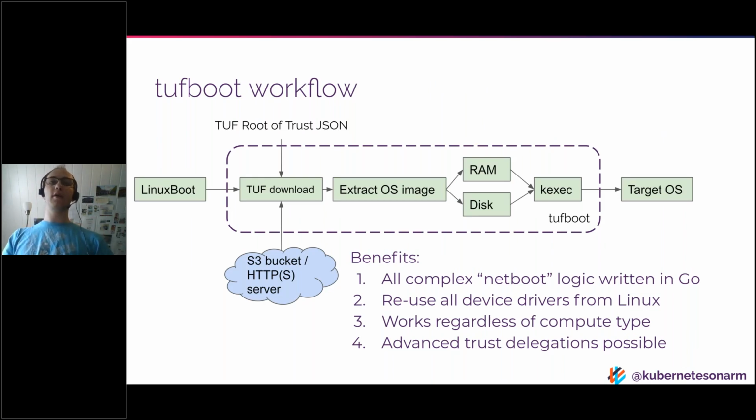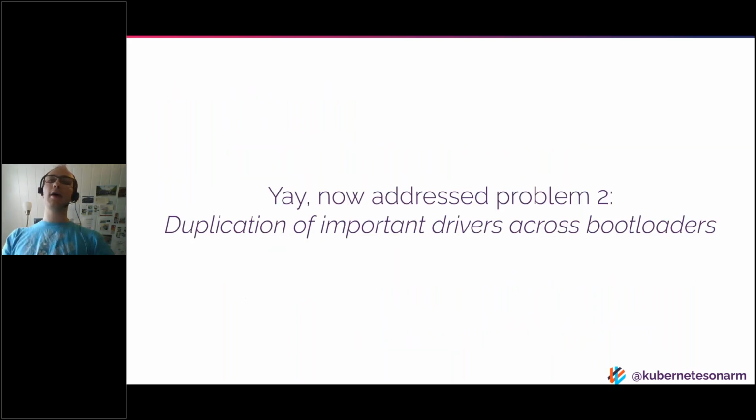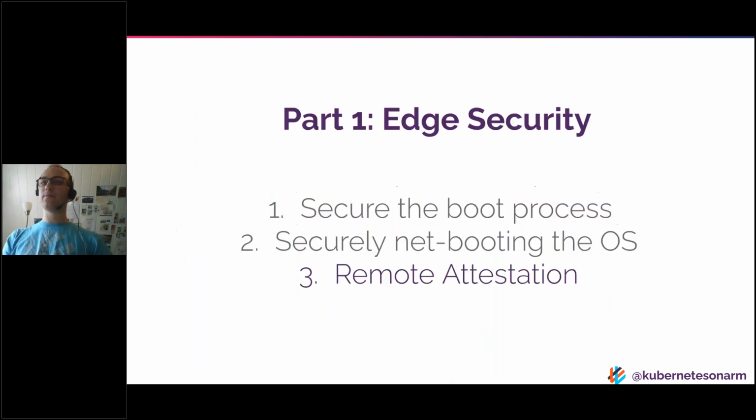It receives a root of trust JSON file, and using the framework, it downloads the wanted file from an S3 bucket or HTTP or HTTPS server, extracts the OS image, puts it into RAM or disk, and then kexec, and off we go. So now it's the same benefits as before, but we can actually do many more advanced trust delegations. Now we have solved problem 2.